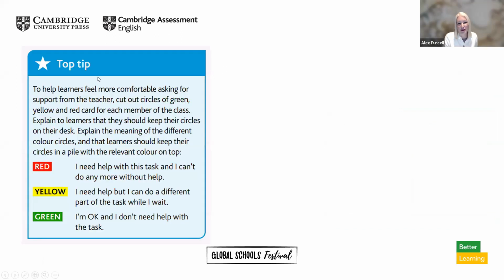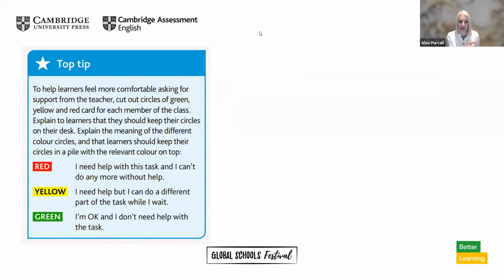Exactly. We've also got a little tip for you here as well, which is like a traffic light system. So if you are in a face-to-face classroom, sometimes it's hard to tell, especially if we're dealing with large classes, how comfortable or how maybe not comfortable students are feeling with a particular activity.